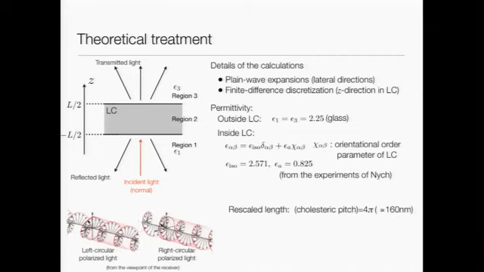Again, let me remind you that the length is now rescaled so that the natural characteristic pitch is 4 pi, and in actual units it is 160 nanometers. But the actual value depends on material parameters, so please just focus on the rescaling of the length in the following.